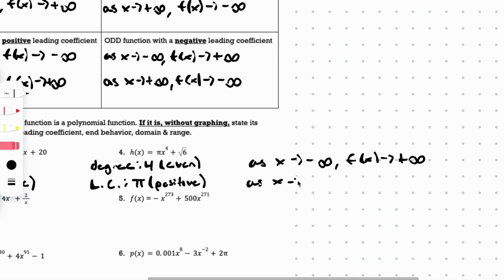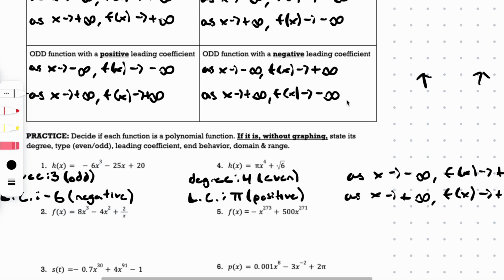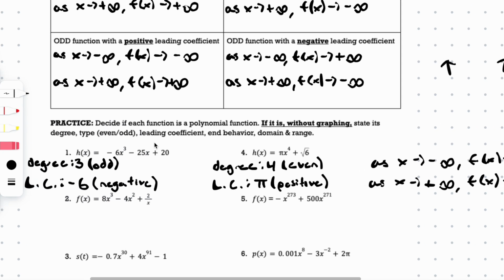As x approaches positive infinity, f of x also approaches positive infinity. So we see that we have the same ending, right? Both ends up.